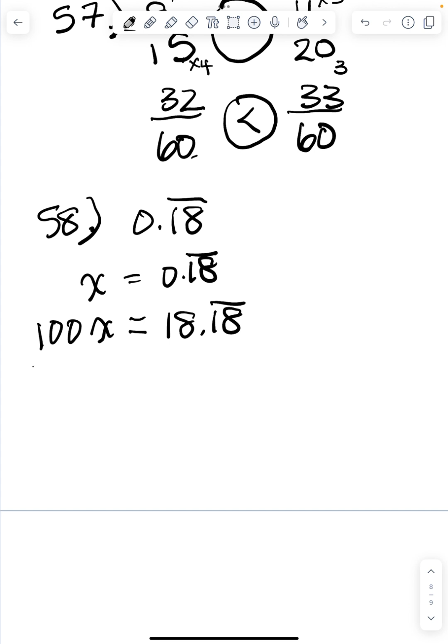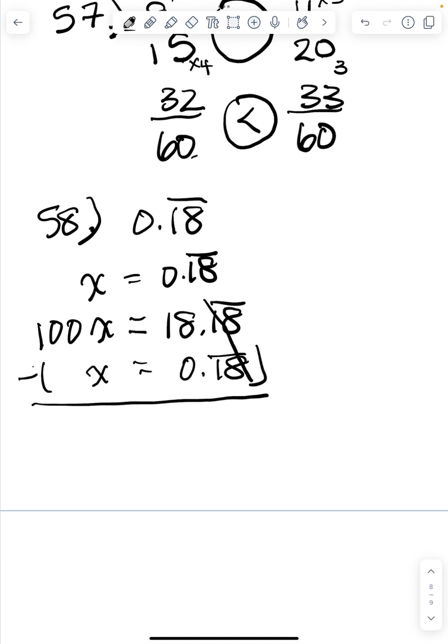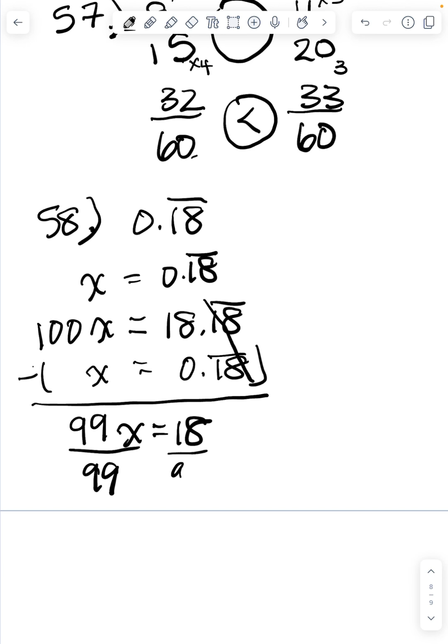Then we're going to subtract the first equation from the second equation because that will cancel out our repeated decimals. That'll leave us with 99x equals 18. Divide both sides by 99. So x is going to equal 2/11.